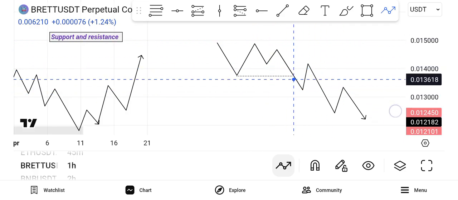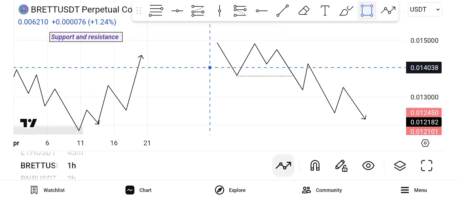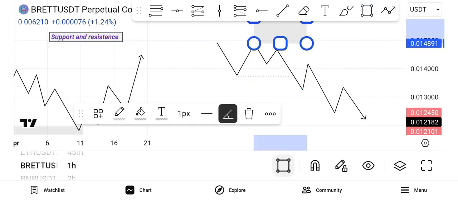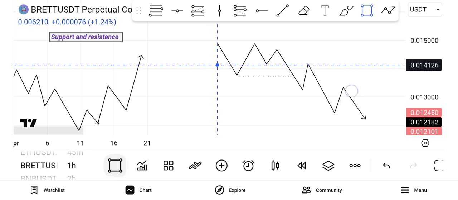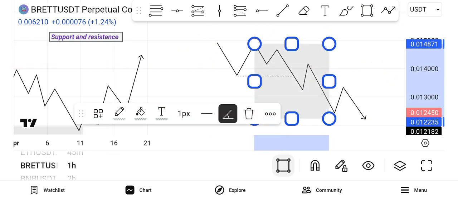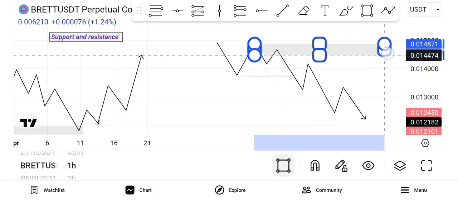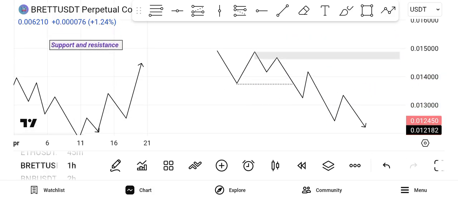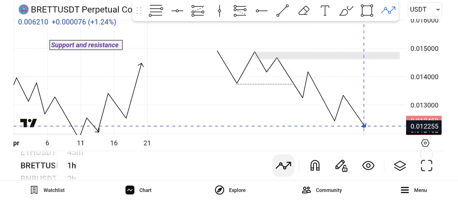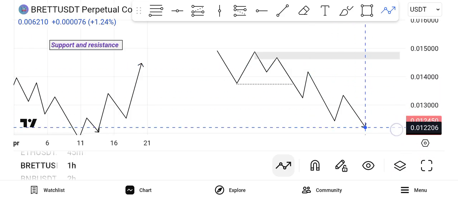So if I'm looking to mark my resistance zone here, I'll be looking out for the other block at this point, at this level here, because all of these levels would be used as liquidity once the market reverses.